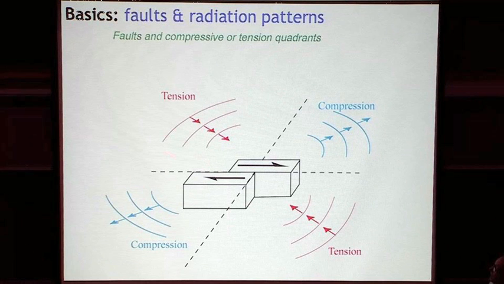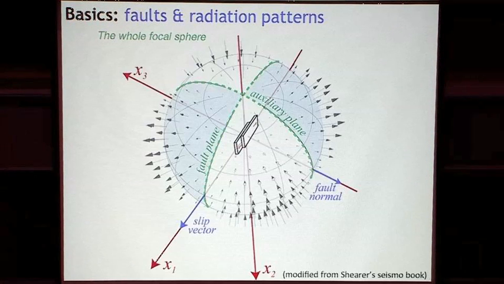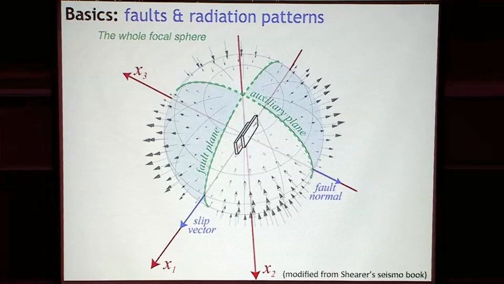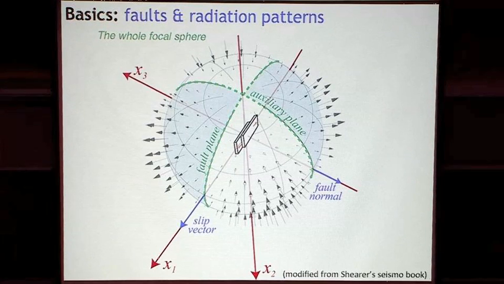This is kind of annotated from Peter Shearer's book. This is one of my favorite figures in that book, that I added the equivalent sliding planes to, where along the planes you're predicted to have, this is at the source, and these arrows are representing amplitude of motion and direction of motion of a particle in the far field. So you have nodal planes.